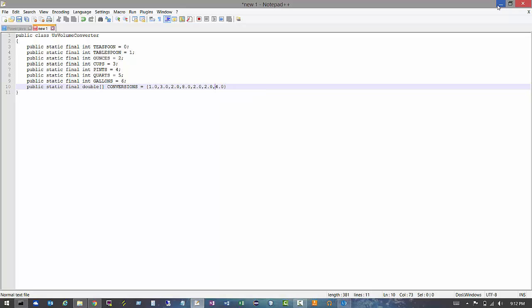We should have 6 conversion factors: 1, 2, 3, 4, 5, and 6.